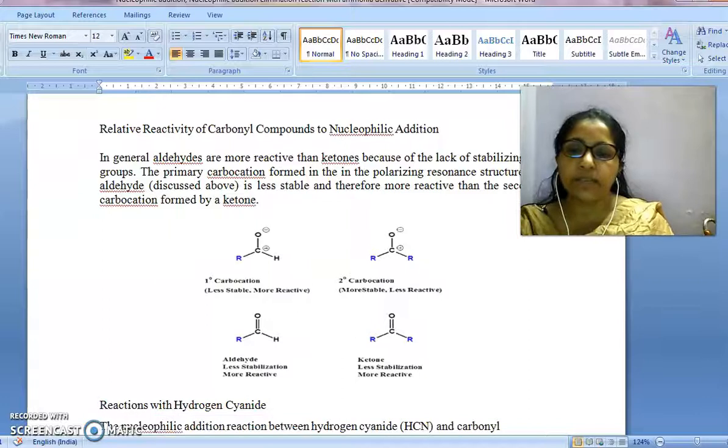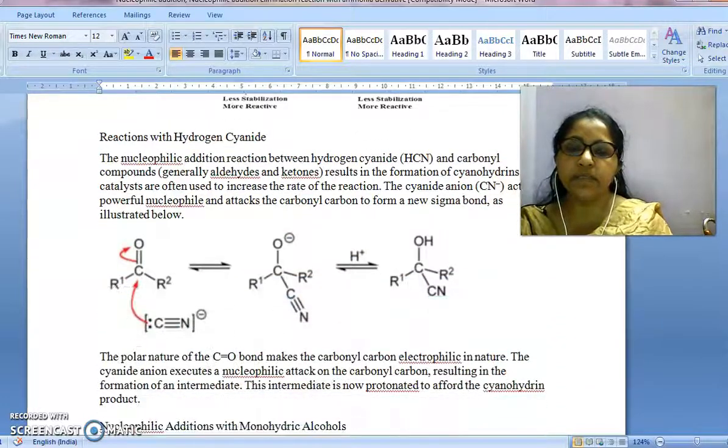Let us see the examples of how this addition happens. HCN, how is it reacting? HCN gives a nucleophile which is CN minus. The minus charge is residing on carbon, and accordingly this carbon is able to attack the carbocation, forming a carbon-carbon bond, and accordingly O minus will take this H plus, form HCN, and accordingly form this compound.